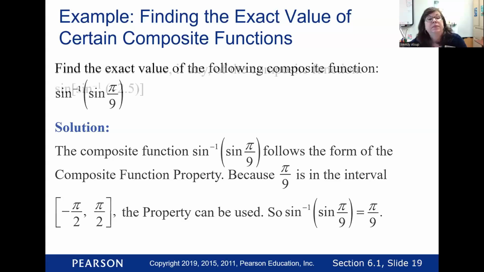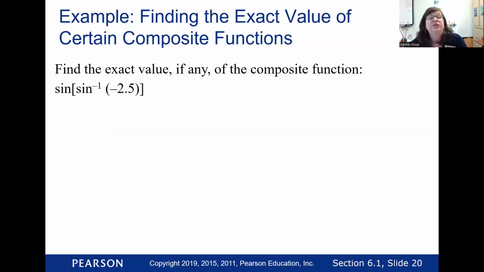Next one: the sine of the inverse sine of -2.5. We could say that's just -2.5, they just undo each other. The only problem is, does that fit into our range? What is the range for sine?